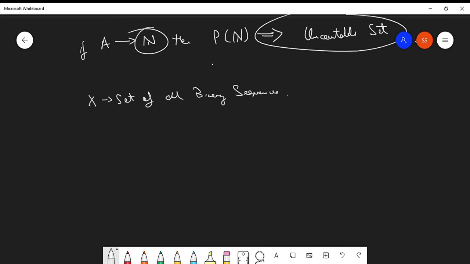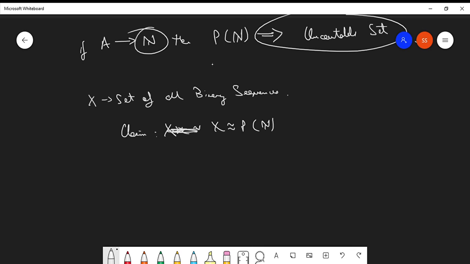And you claim that X is numerically equivalent to the power set of all natural numbers. So basically what we mean is that we need to prove that the set of all binary sequences is uncountable.